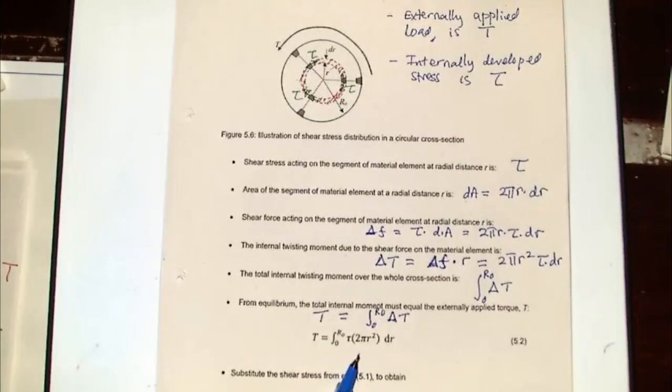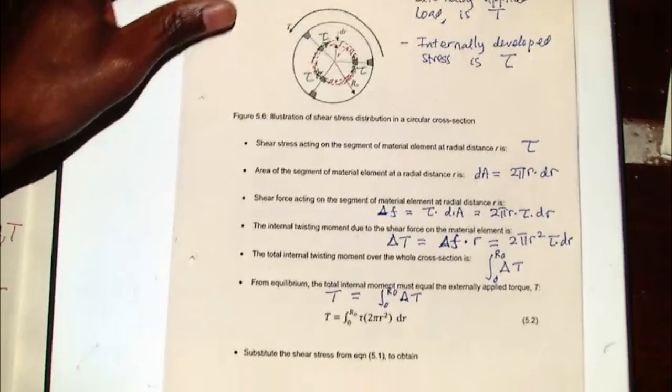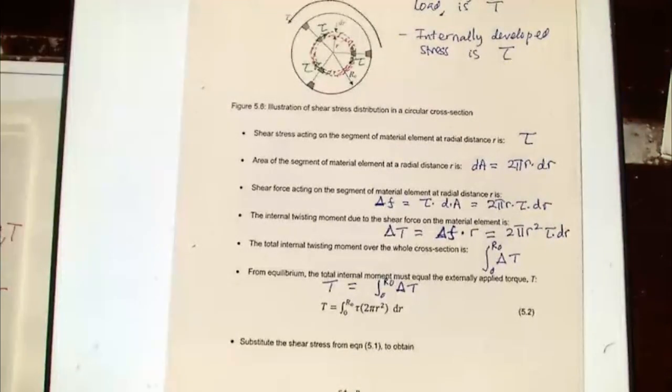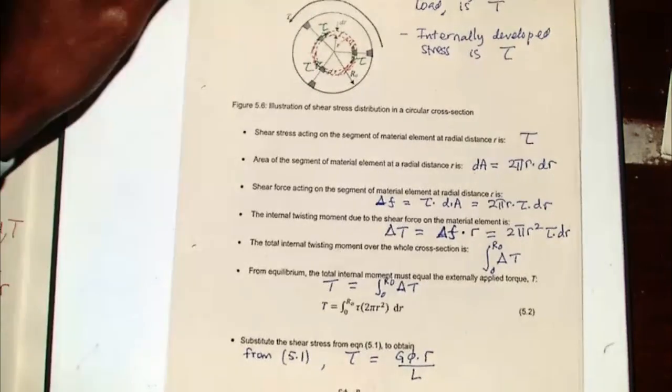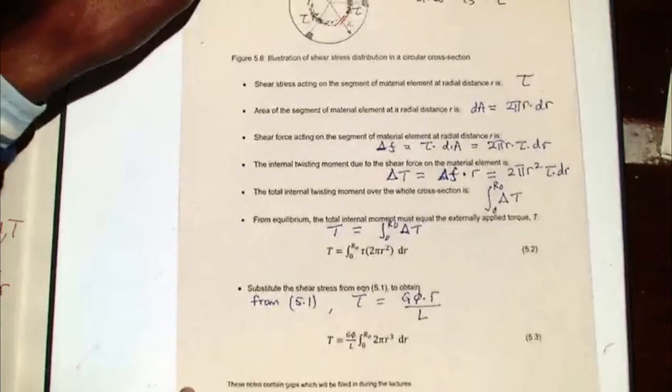So if we were to integrate that, what will we get? So we have tau, which we assume is constant, 2 pi r squared dr. So if we were to integrate that, and also noting that from the previous page, we've said that from 5.1 the shear stress is equal to shear modulus times phi times r over L. So if we put that in, then we will end up with that equation 5.3.